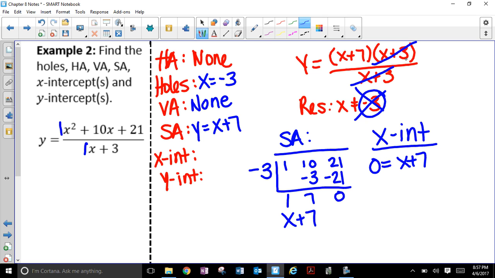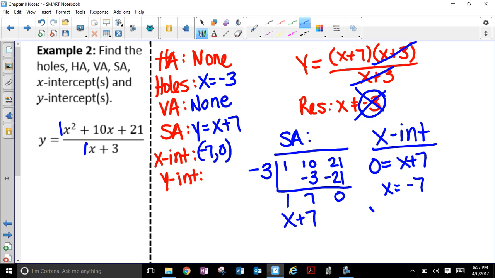If you set x plus 3 equal to 0, you get x equals -3, but that was a hole, so it can't be your x-intercept. So you only set what's left after you cancel in the numerator equal to 0. So then this would be x equals -7. So then that would be (-7, 0) when you write it as an ordered pair.